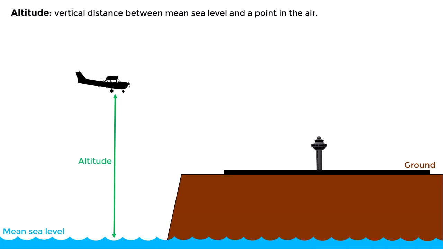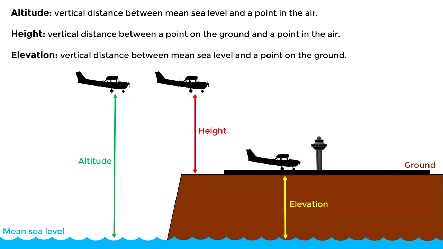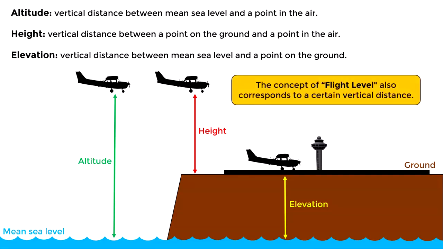If we measure the vertical distance between a point on the ground and the aircraft in flight, we will be measuring height. And if we measure the vertical distance between the mean sea level and a point on the ground, we will be measuring elevation. Now, the term flight level is also used to refer to a certain vertical distance, however we will deal with that concept later. So far, we will only be using these three concepts of altitude, height, and elevation.